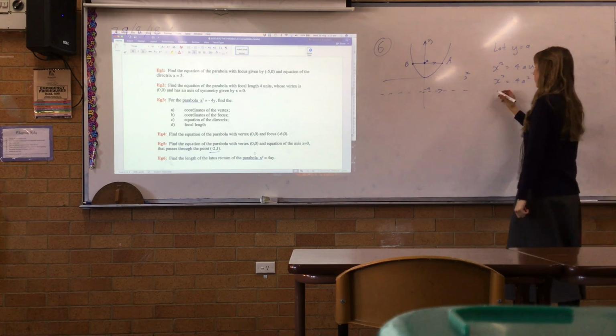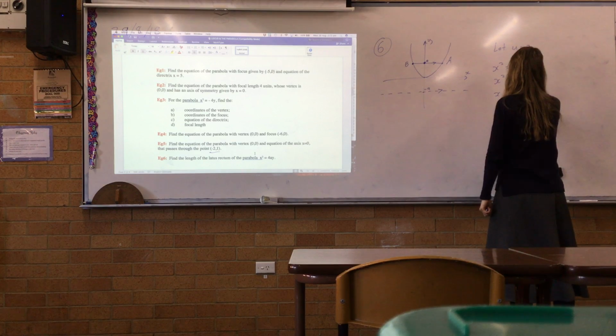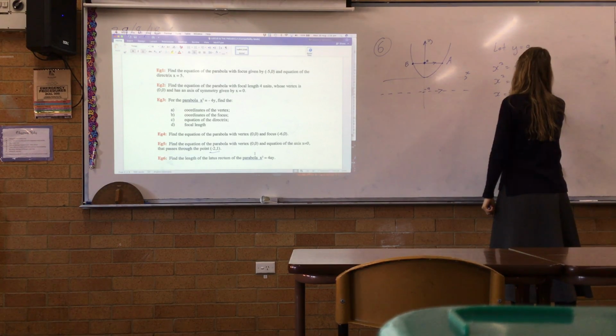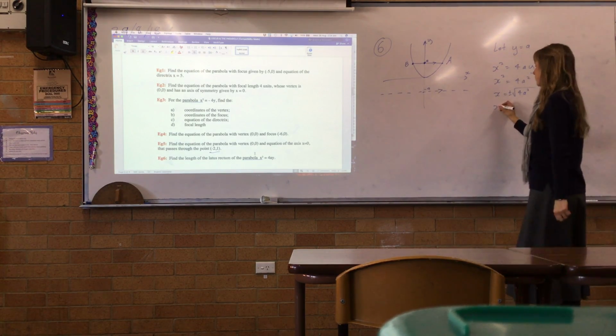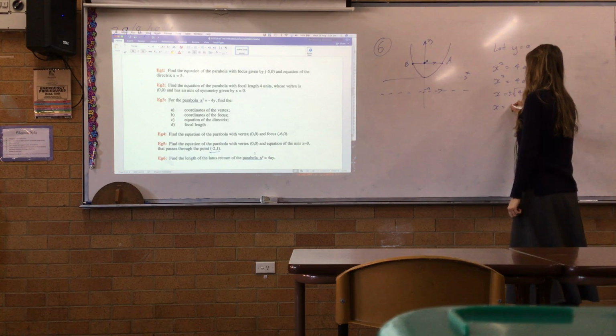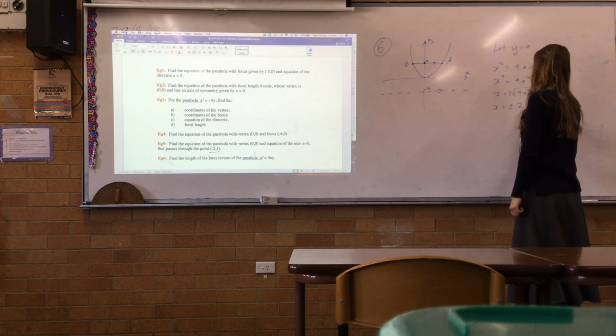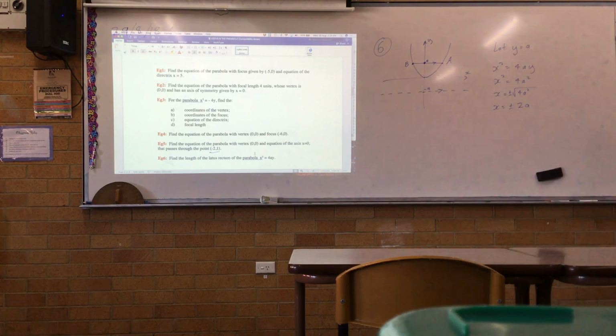So in other words, x equals plus or minus the square root of 4a squared, or x equals plus or minus 2a, because the square root of 4 is 2 and the square root of a squared is a.